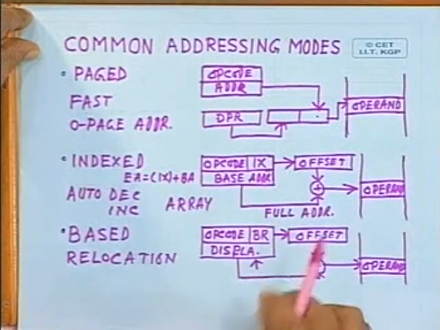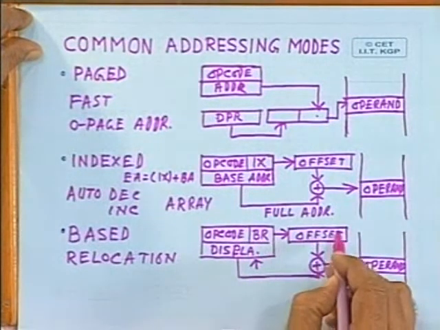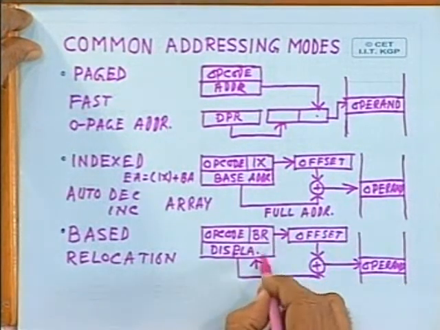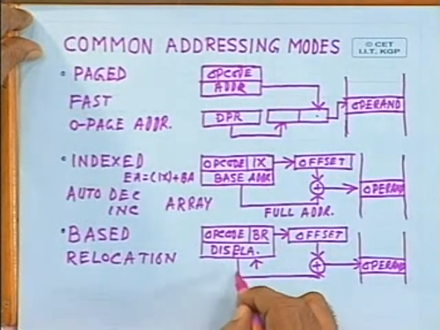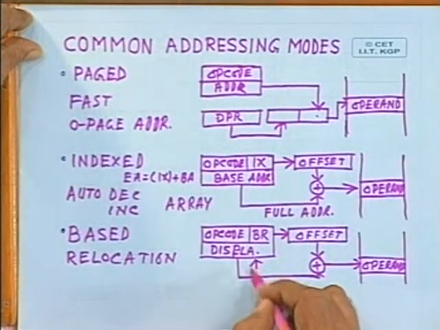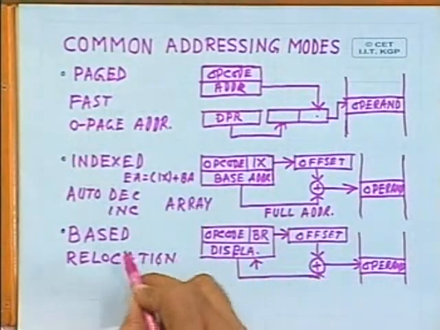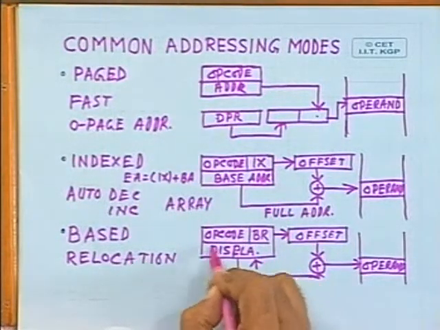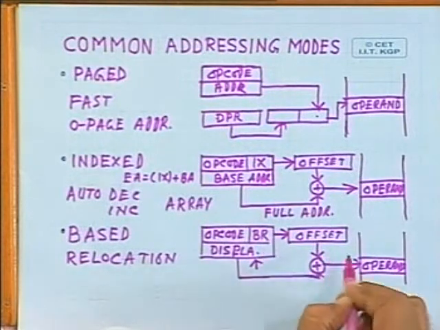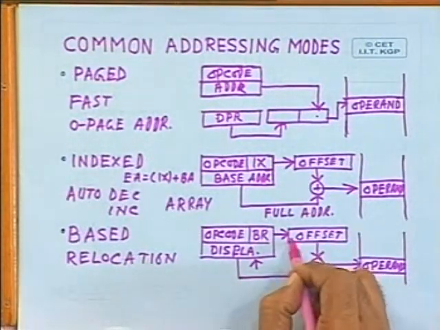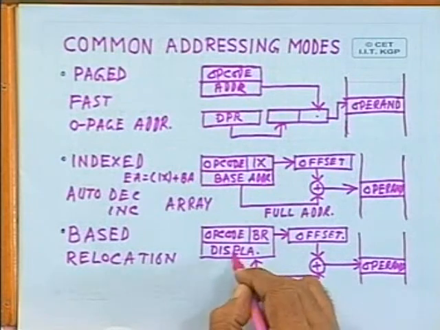In case of base addressing, the base register is fixed, and the displacement is variable. That's the way these two are different. In base addressing, the displacement need not be a full address, but the base register must be a full 16-bit address. The displacement can be of smaller size.